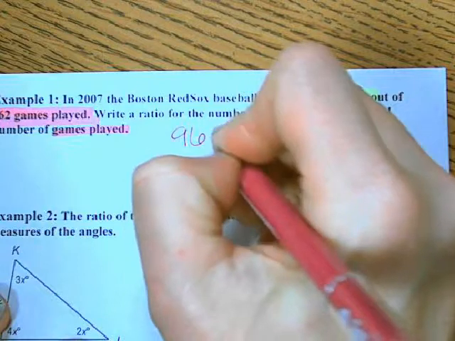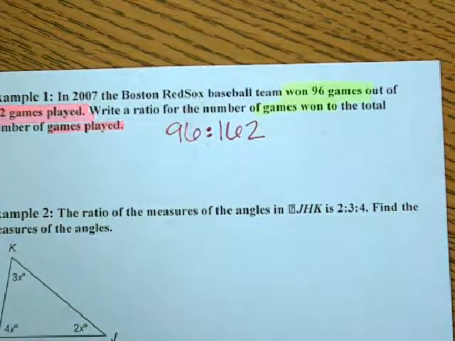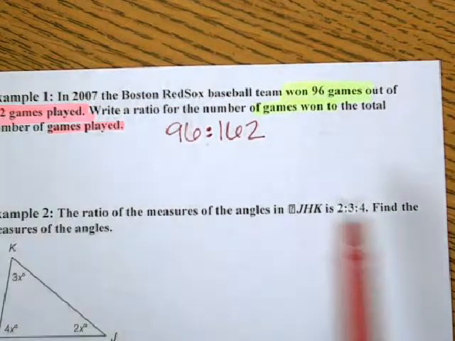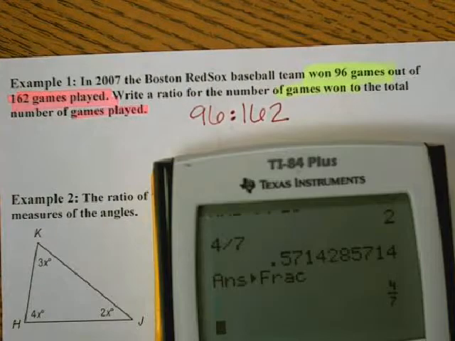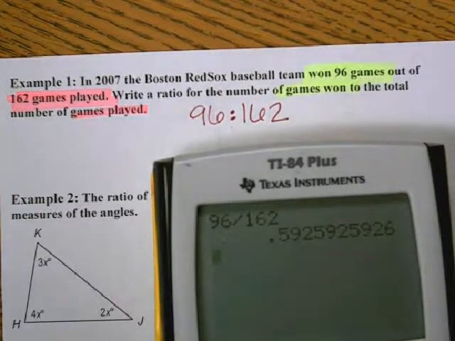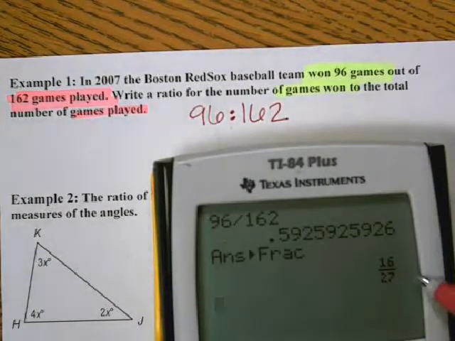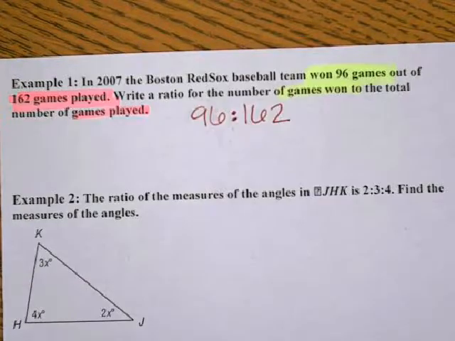Now we never write this in this form. We always like to simplify it. So remember, you go to your calculator, you say 96 divided by 162, push enter, and then push math, enter, enter again, and that's going to get you your simplified fraction, which in this case is 16 over 27.